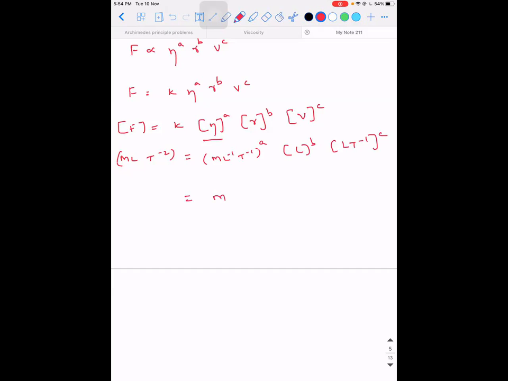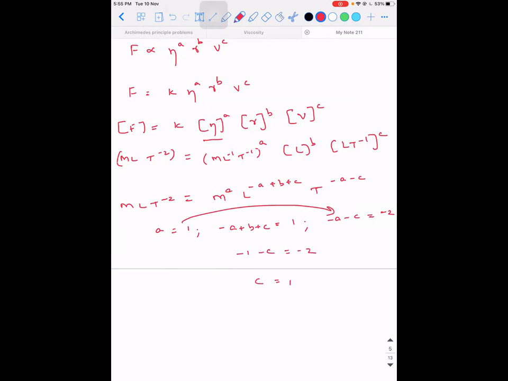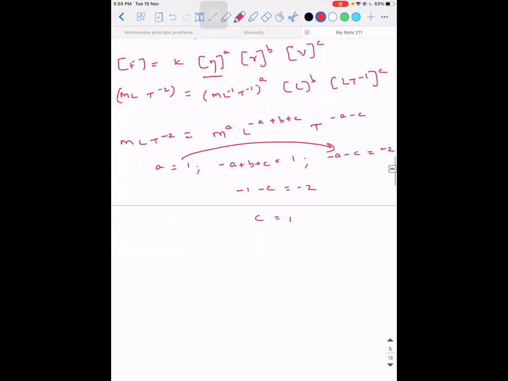So it will be M^a, L^(-a+b+c), and T^(-a-c). So a will be 1, -a+b+c will be 1, and -a-c will be -2. When a is 1, substituting here, -1-c equals -2, so c will be 1. When a is 1 and c is 1, b will also be 1.